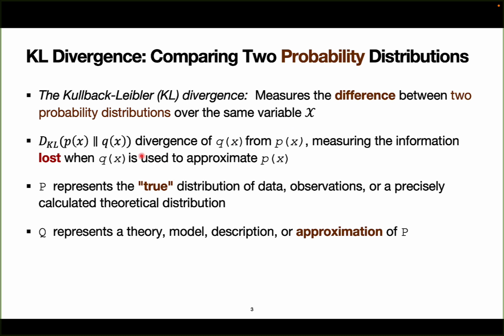Given two probability distributions P and Q, KL divergence measures the information lost when Q is used to approximate P. So P represents the true distribution and Q represents the approximation of P.